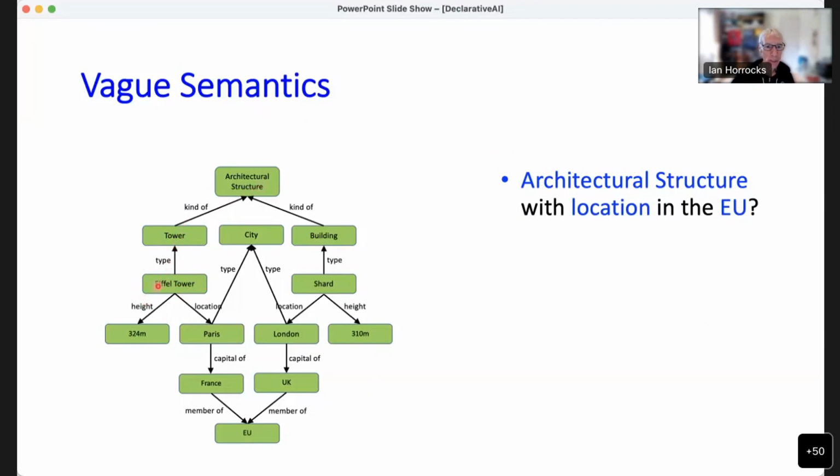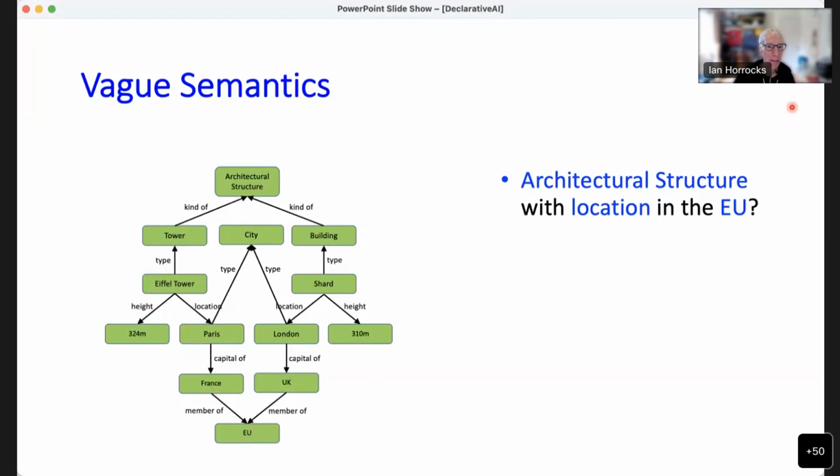And the graph also tells us the Eiffel Tower is located in Paris, which is the capital of France, which is a member of the EU. So as a human being, I'm tempted to say Eiffel Tower is in the answer to this query. But it's not at all clear how our knowledge graph system would actually come up with this answer.